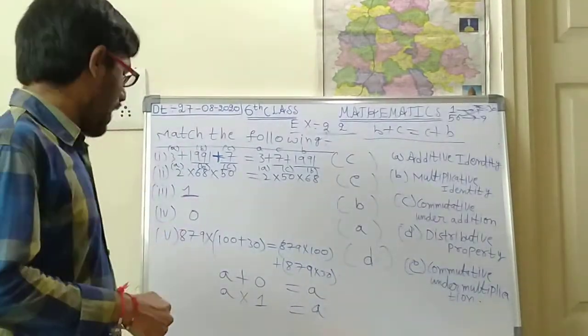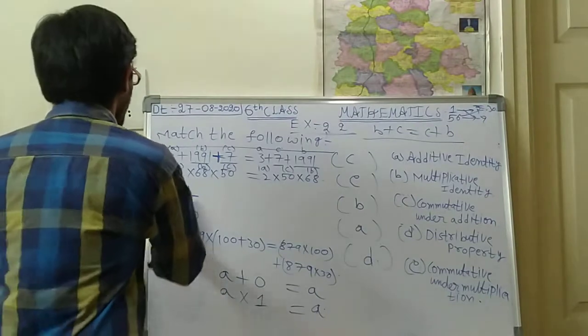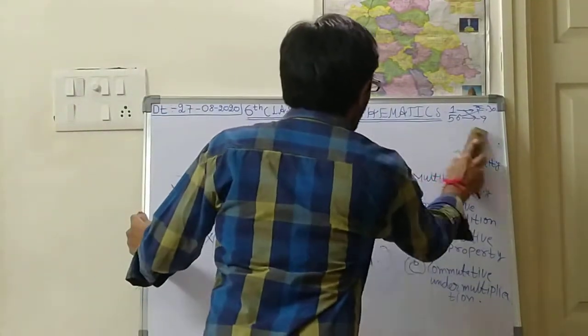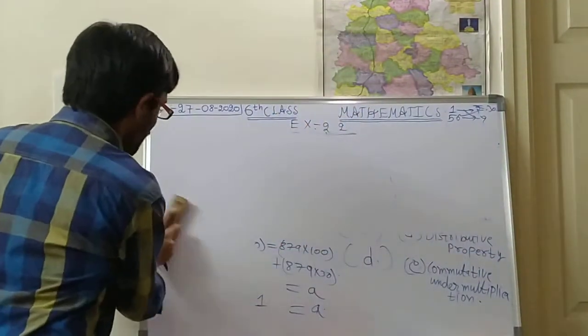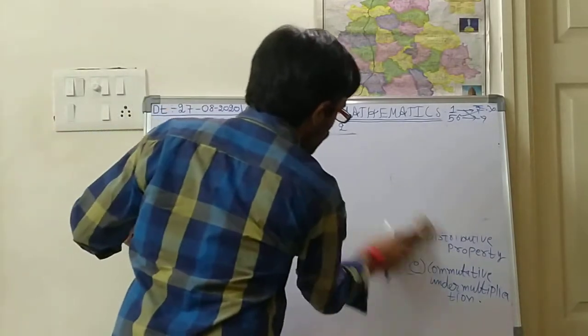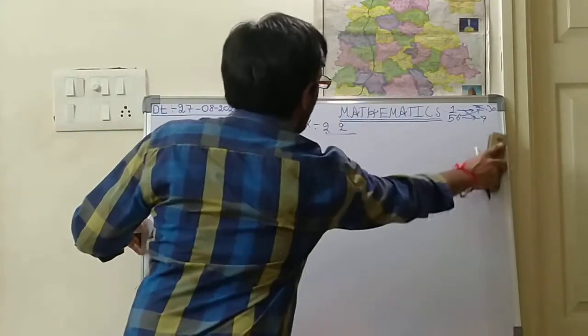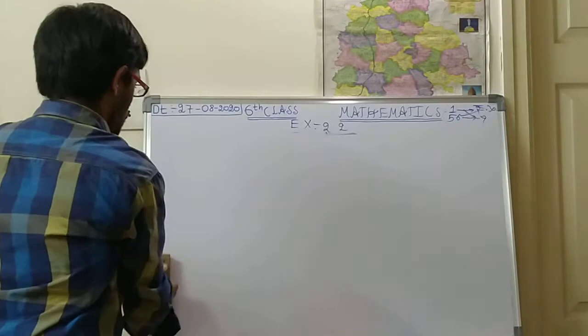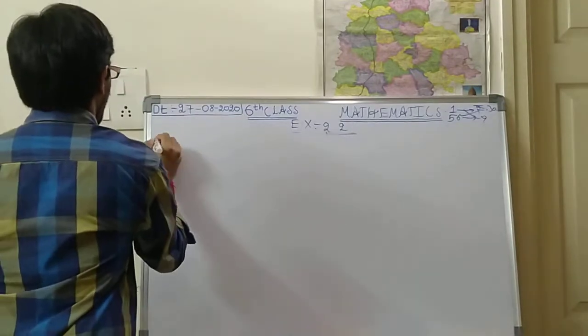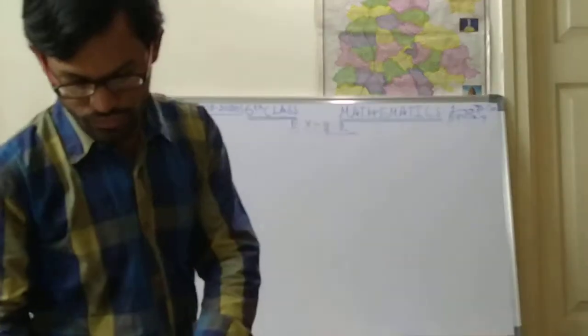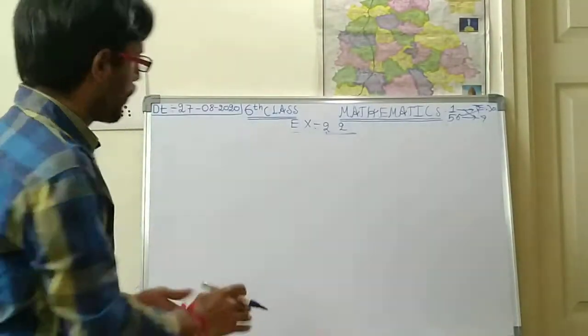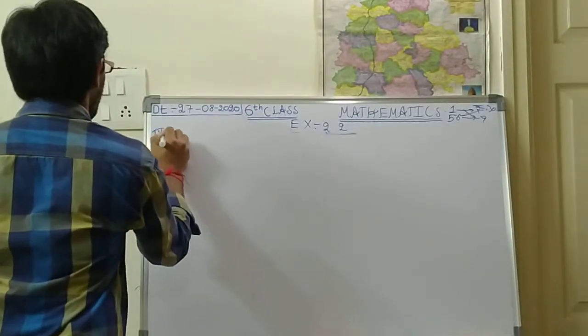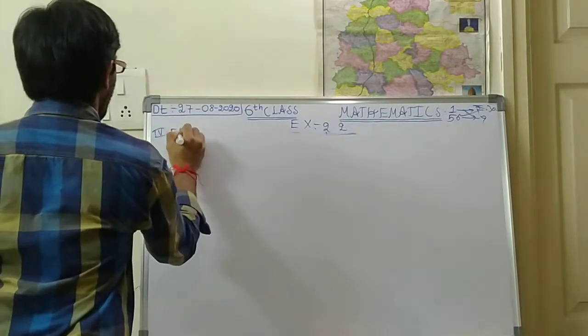Now I will give some homework problems. Try to do them at home. They are very easy problems, children. The fourth bit I have said. Find the value.